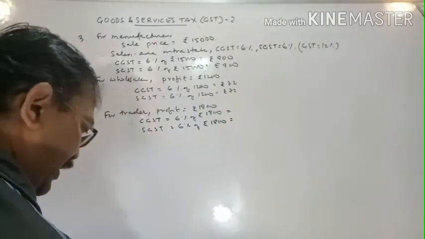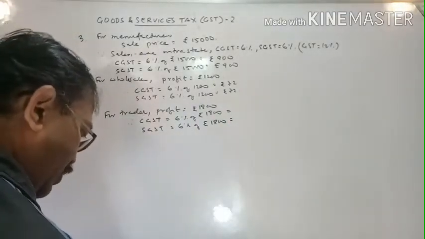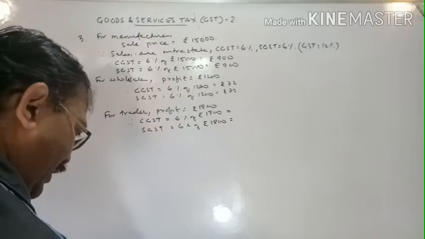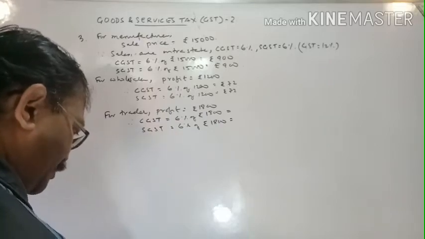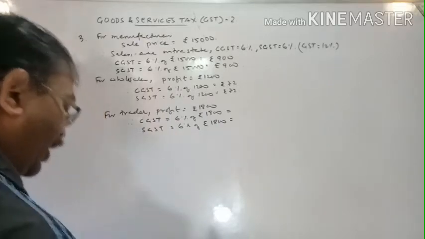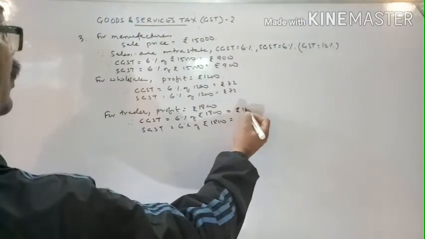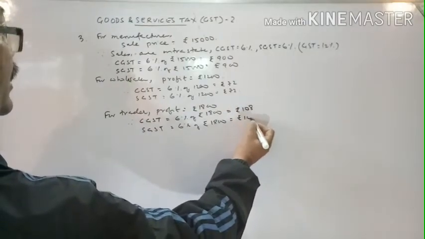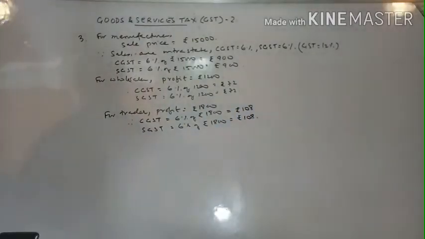So 6% of 1800, so 0.06 into 1800, that will give you 108. So rupees 108. Now the trader will sell it to the consumer.